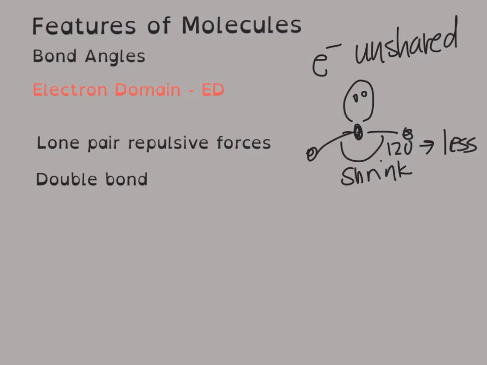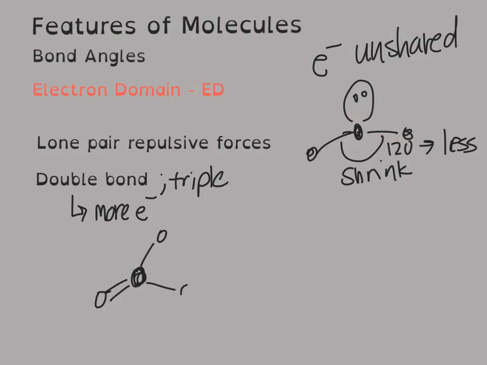The other thing you can see is when you have a double bond. In a double bond you have more electrons, and they're going to need more space. This also applies to a triple bond. When you have a double or a triple bond, you have your electrons being shared in a smaller location, and they will also push with a bigger force, causing the remaining bond angle to become less as well. So we would expect this one to be 120, but it is really less than 120.